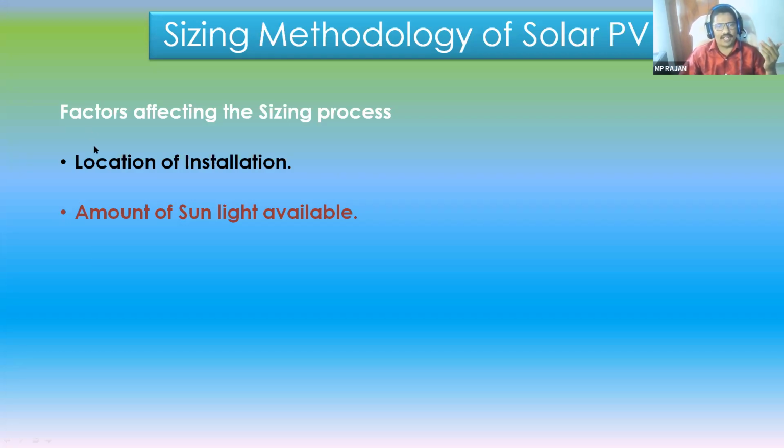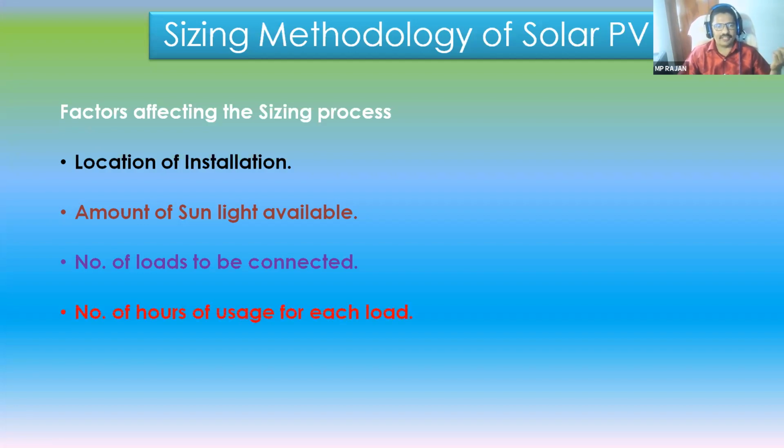The amount of sunlight available, how much sunlight you are getting, we normally call it insolation. How much insolation energy we are getting also depends on that. Our sizing will be different. And I have already told the load, the nature of the load, how many loads are connected, what is the power consumption. Accordingly, your sizing will change.